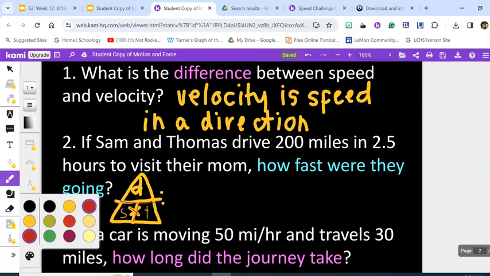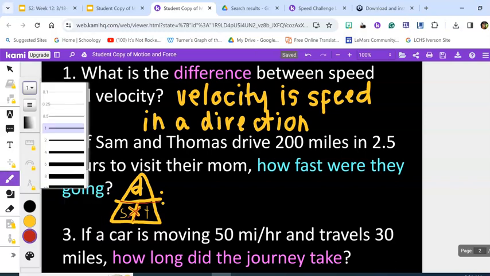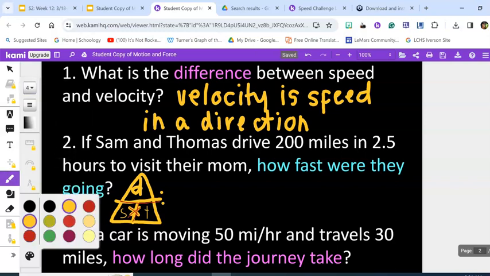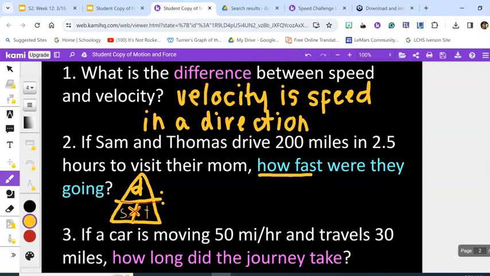This line is multiplication. So the things that I need for you to have in a problem, if you're looking for how fast, what are you looking for? Speed, distance, or time? You're looking for speed. This is your unknown, which means what's left? Distance divided by time. Okay.